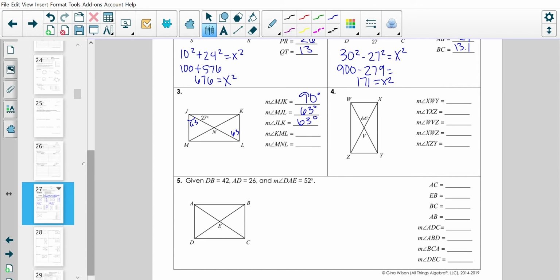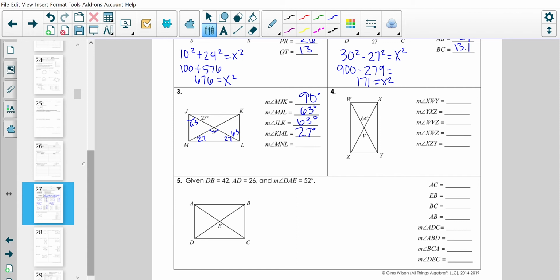KML. Oh yeah, it is 27. Sorry, it looks way too big to be 68. 27. And MNL, how am I going to find this one? Subtract both sides from 180.